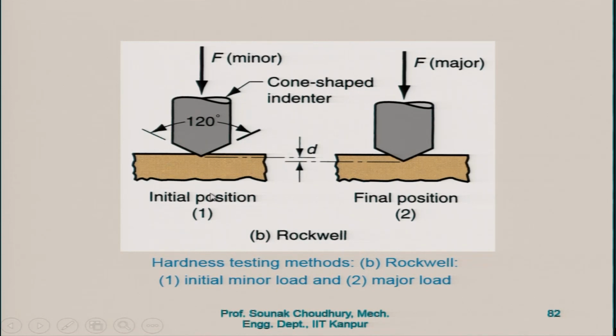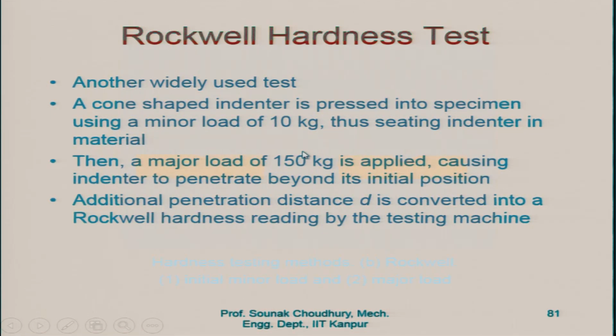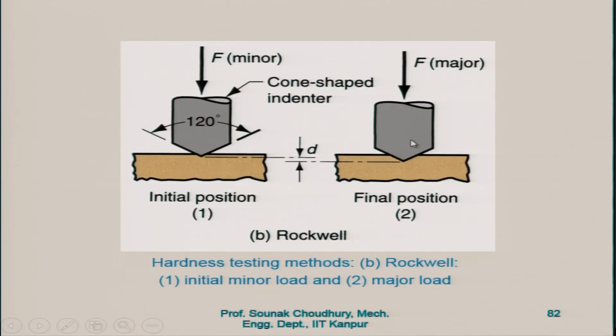Here in the diagram it is shown that the cone shaped indenter is a standard cone with an angle of 120 degrees. This is the initial position where we have given a small load of 10 kilograms so that an indentation is made, and then the final load of 150 kilogram is applied so that it goes farther.